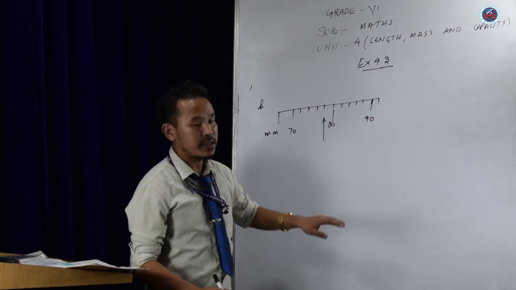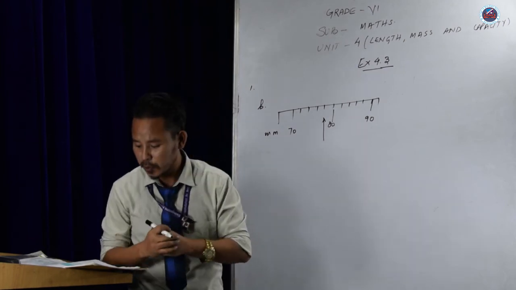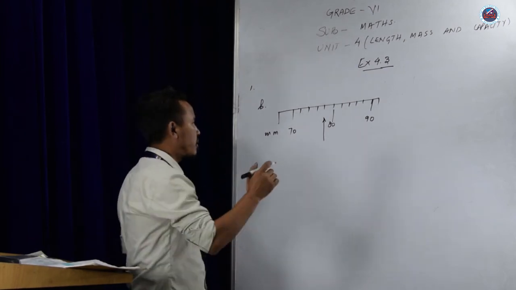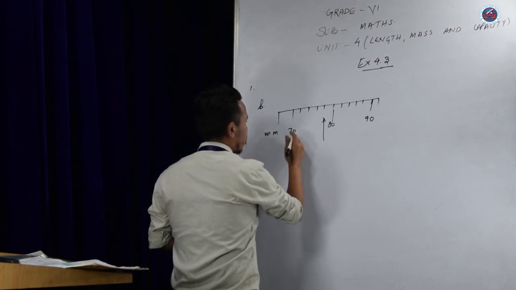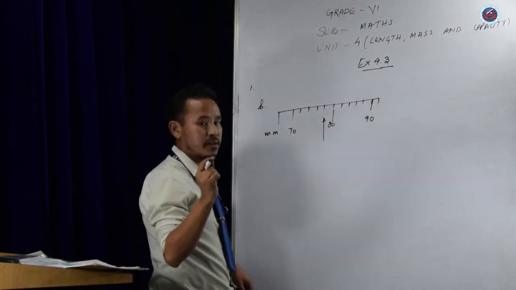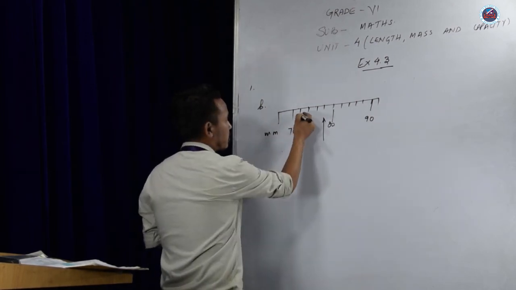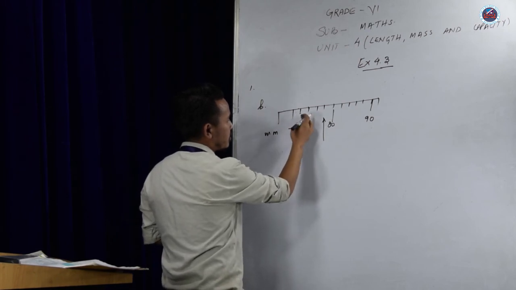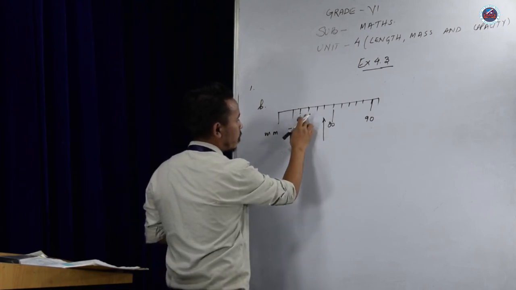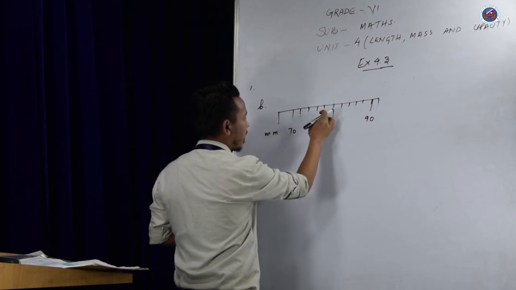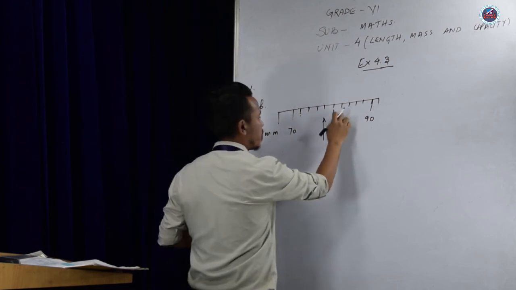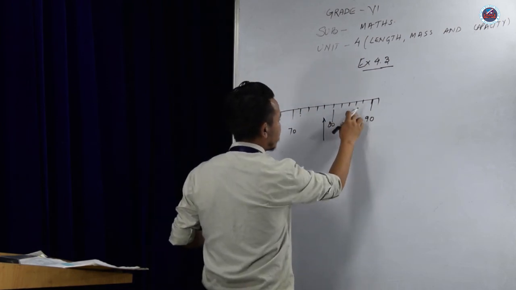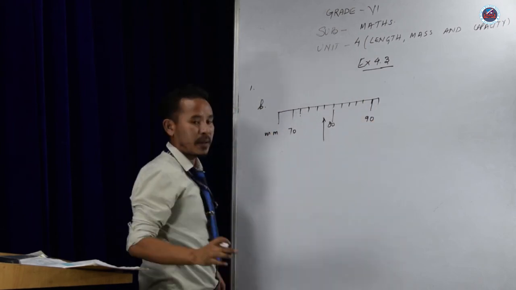So what we can do here is take each division as 70, 72, 74, 76, 78, 80, 82, 84, 86, 88, and 90.